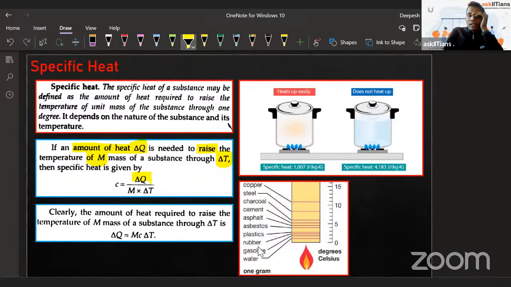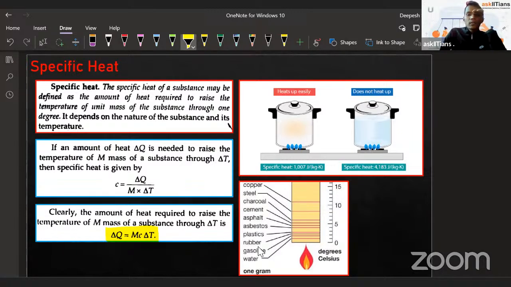That is, delta Q is heat, delta T is temperature, and m is the mass. Very important. Usually this version of the formula is more used, so you can remember this one, but at the end both the formulas are the same.